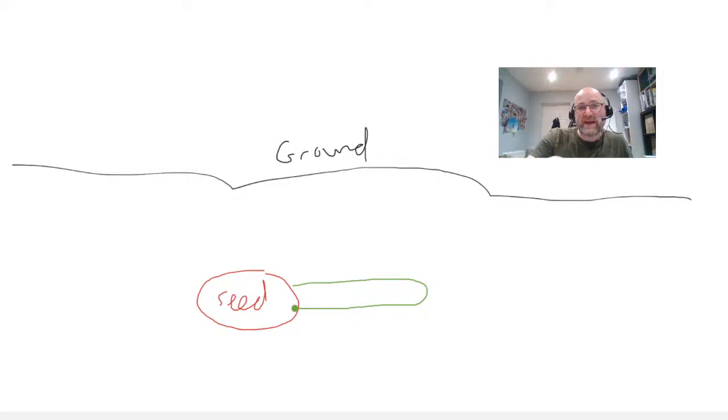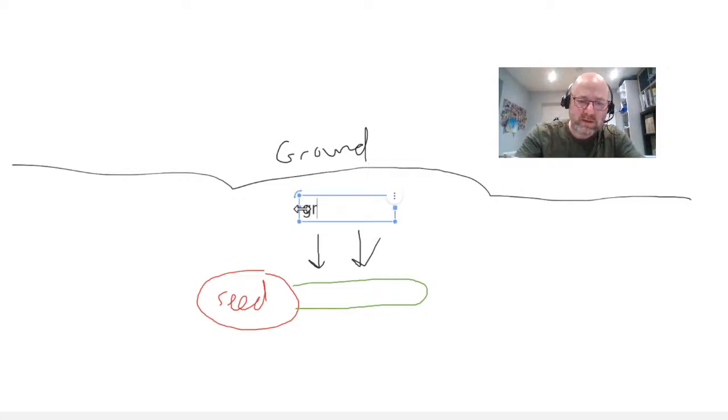You plant a seed underground. How does it know to grow up? Don't mention light. Light can't get through the ground. How does the seed know to go up? It's not because of light. It's because gravity pulls the auxins to the lower side of the shoot.